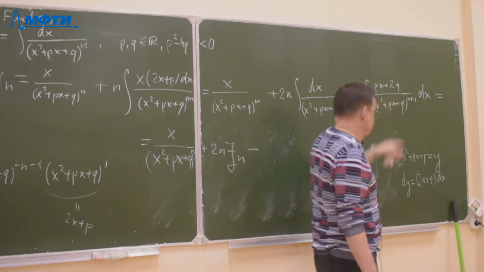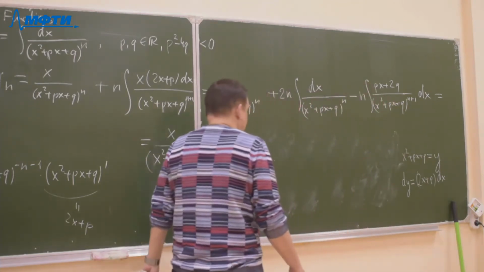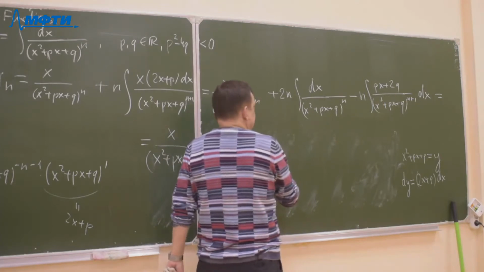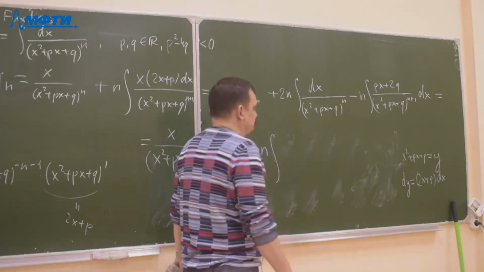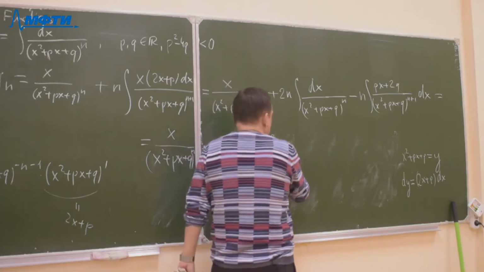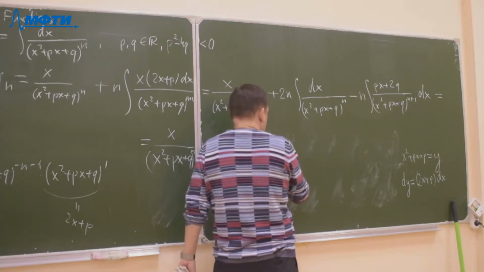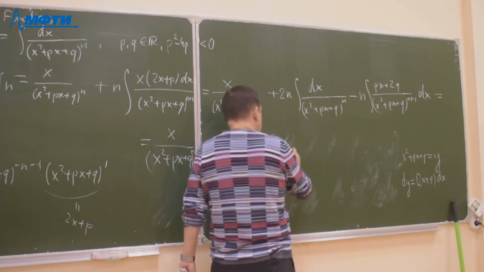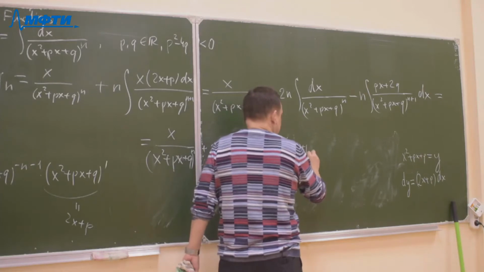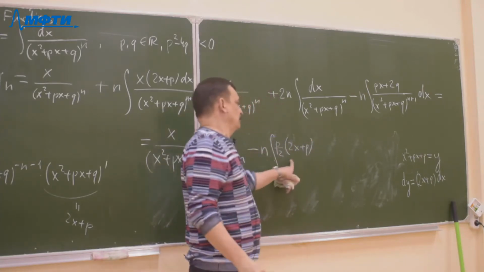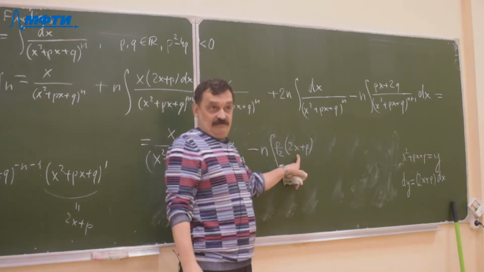So I will write it like that, minus n integral, p over 2 times (2x plus p). That is what would be nice to have, right?